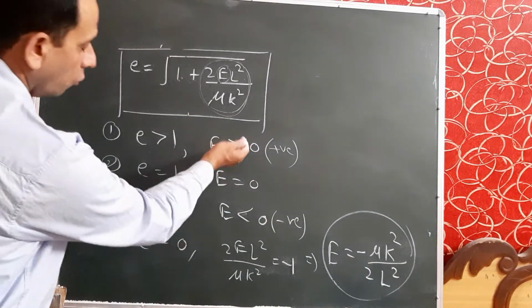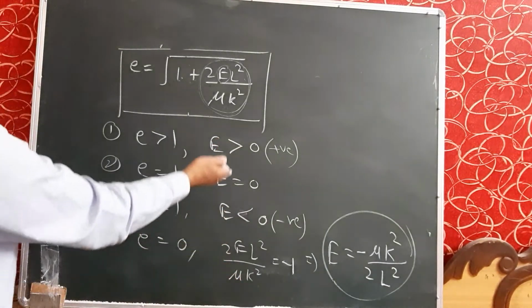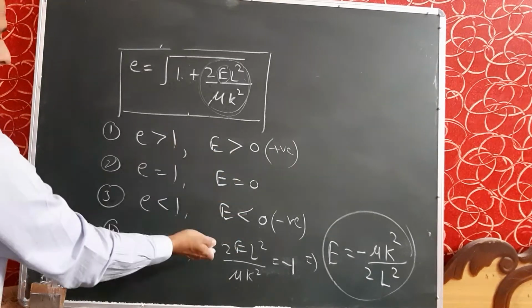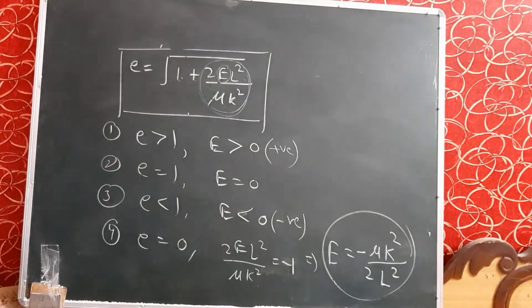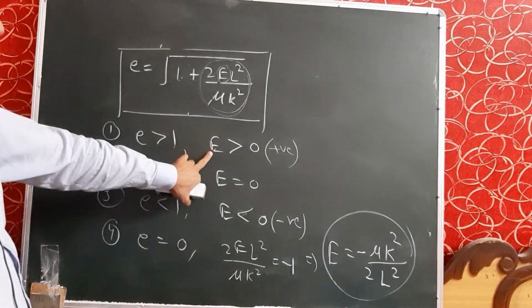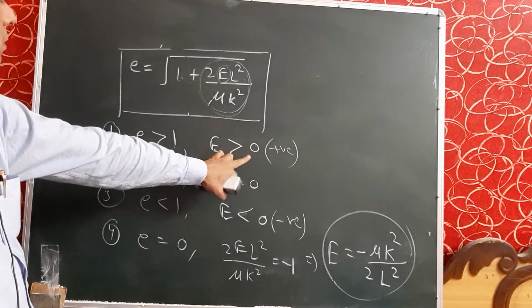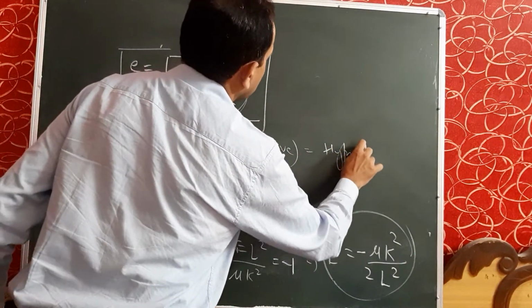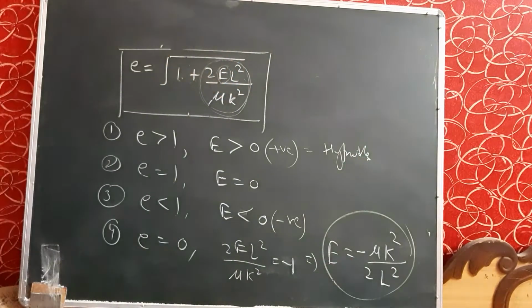So there are 4 conditions which are not new basically; these are obtained in terms of energy, but from eccentricity. When the energy of the particle is more than 0, the path followed is a hyperbola.